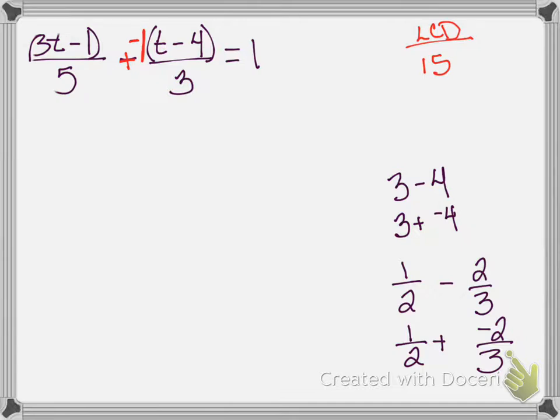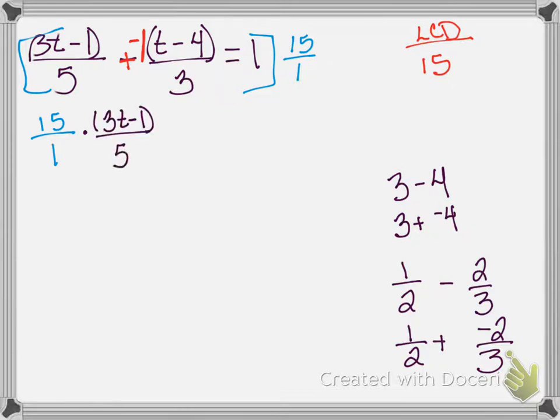So what I'm going to do now is multiply everything times 15 over 1. So I have 15 over 1 times 3t minus 1 over 5, plus 15 over 1, and I'm going to write this as times negative 1 times t minus 4 over 3.